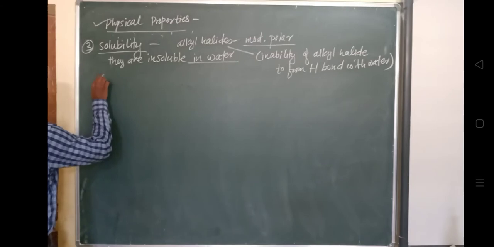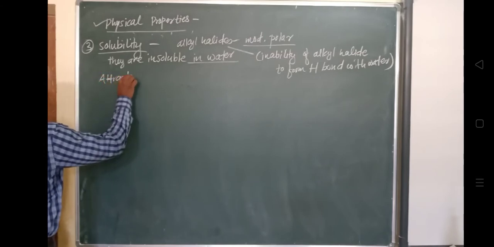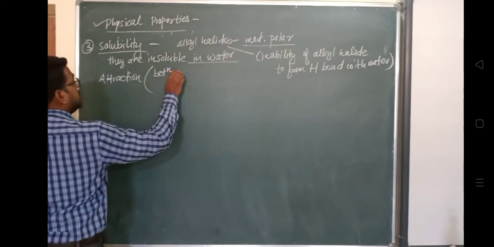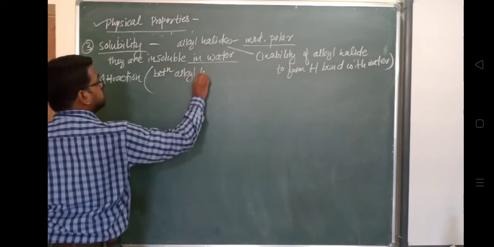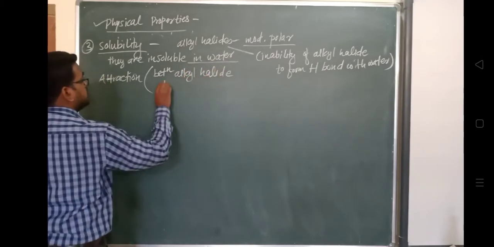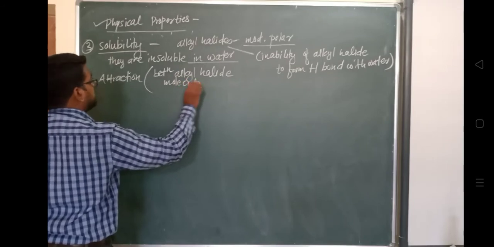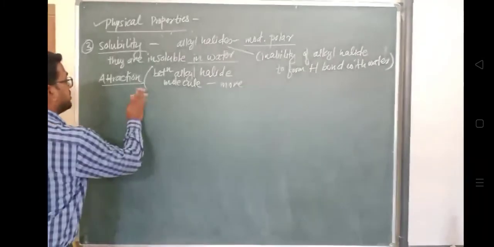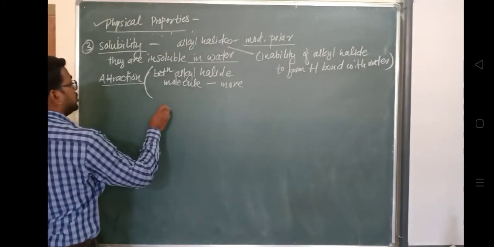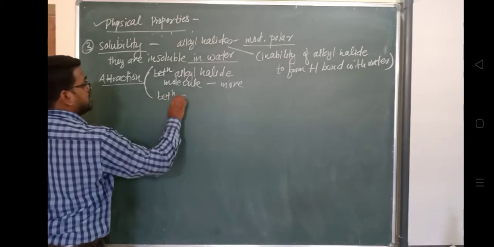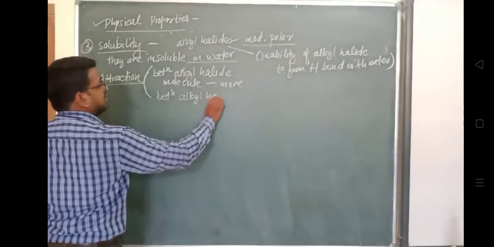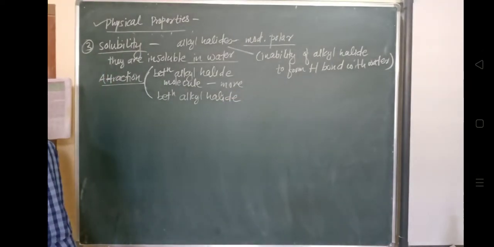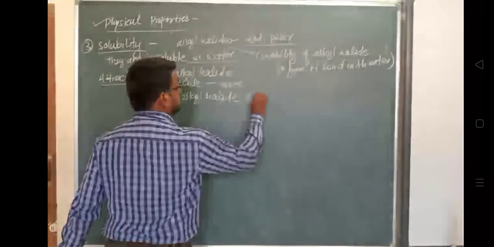If we talk about the attraction, it is between the alkyl halide molecules. अल्किल हलाइड के जो मॉलिक्यूल्स हैं, इनमें जो अट्रैक्शन रहेगा, it will be more as compared to that between alkyl halide and water.